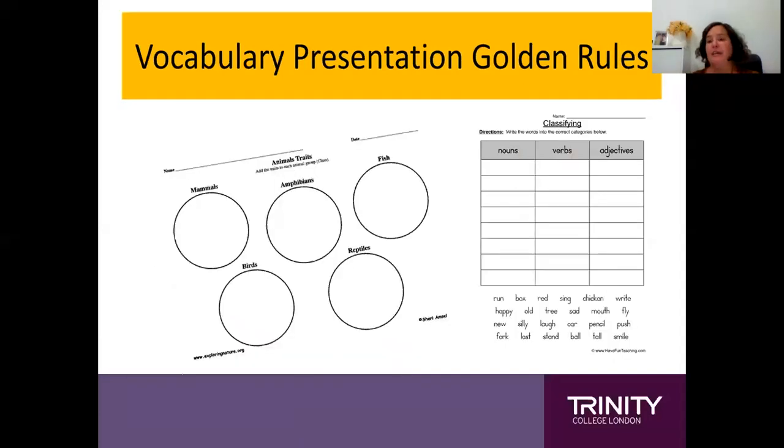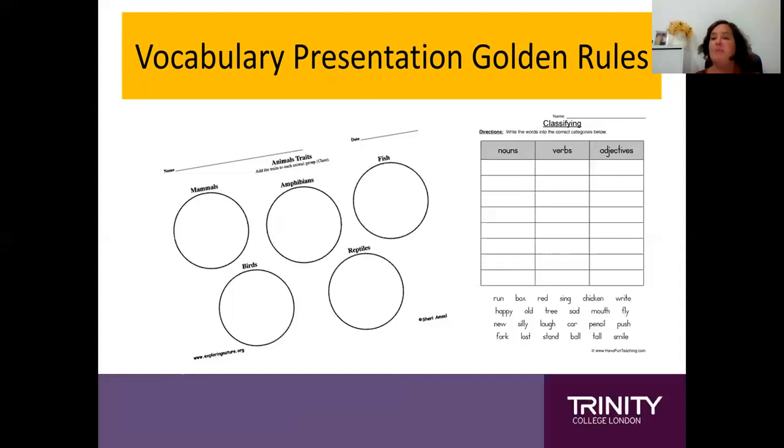Other very good things that you can do when presenting vocabulary is using vocabulary graphic organizers. For example, you've got these circles in which we have categories within the world of animals. So students have to think of mammals or amphibians, a fish or reptiles.